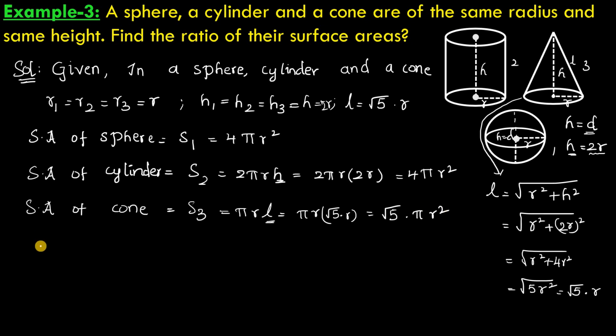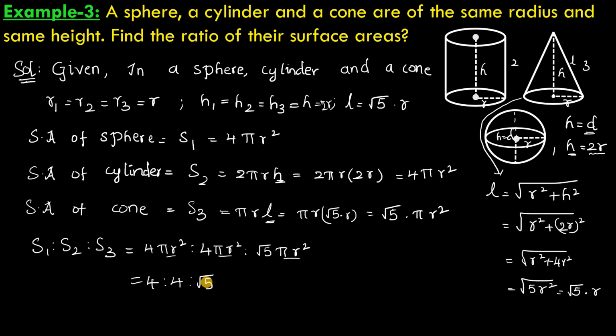They asked us the ratio, so S1 is to S2 is to S3 equals 4 pi r square is to 4 pi r square is to root 5 pi r square. In all, pi r square is common and they all get cancelled. At last, 4 is to 4 is to root 5.